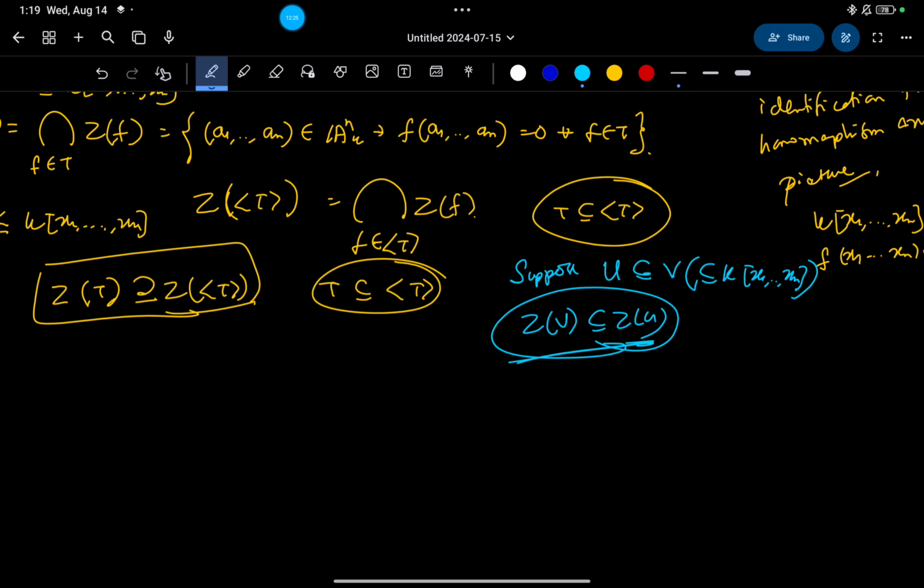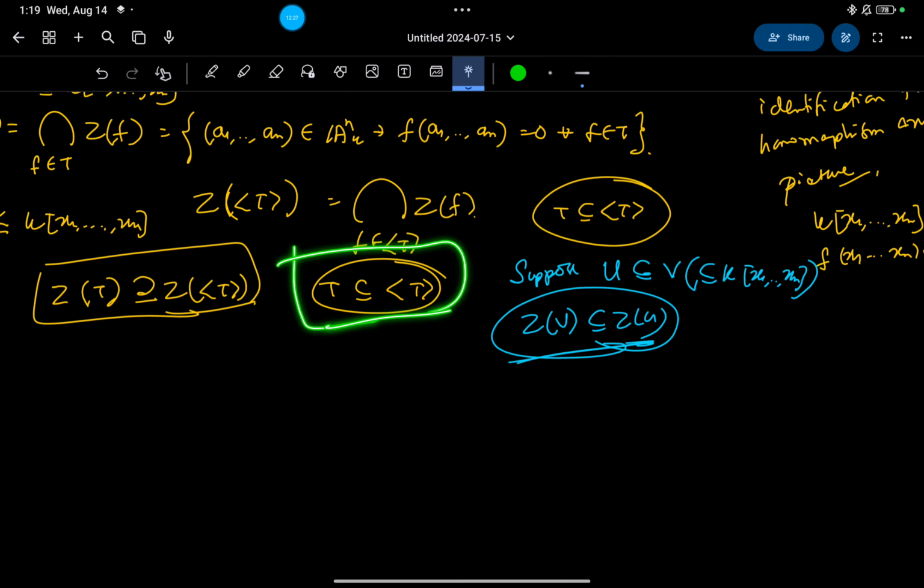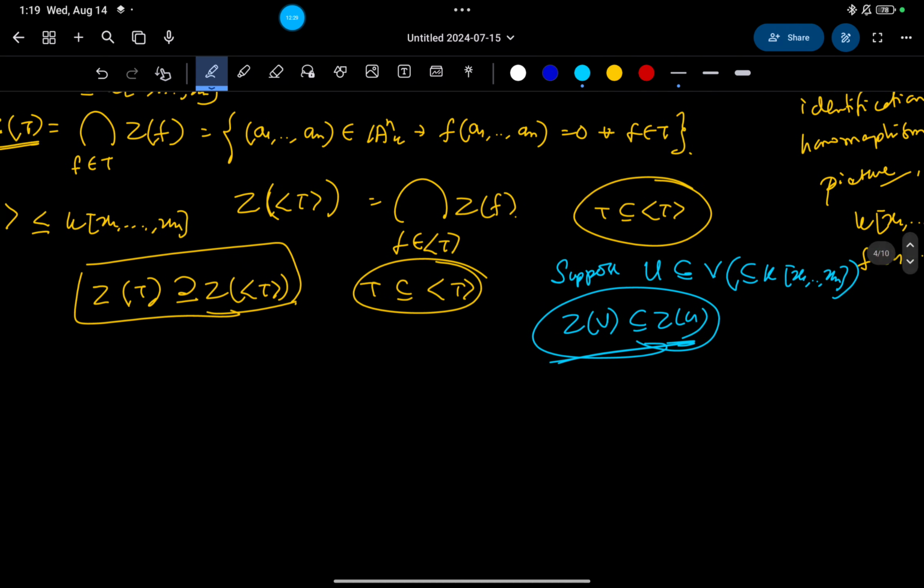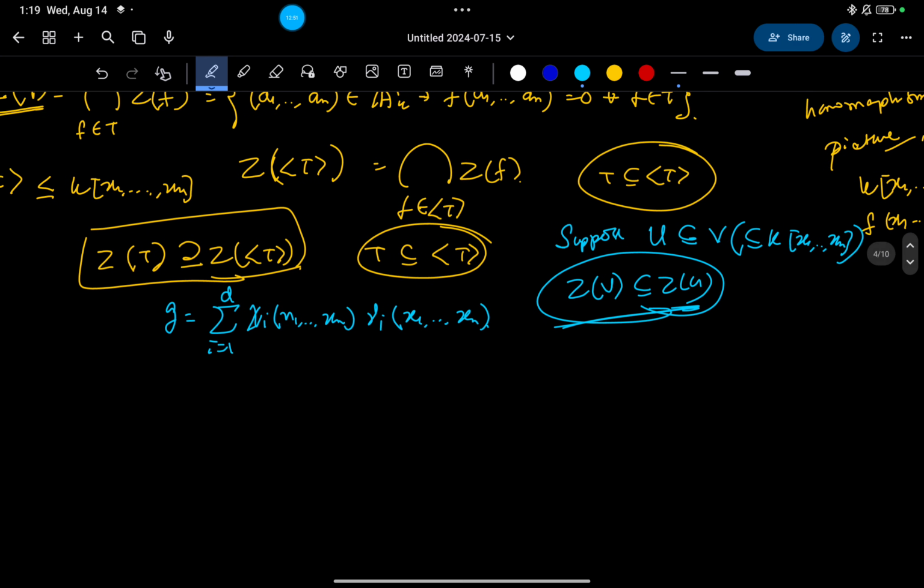But in our case here, the other inclusion will also be fine, because any element of the ideal generated by T, let's say small g, can be written as the sum over i equals 1 to, let's say, d of chi_i(x1, ..., xn) times gamma_i(x1, ..., xn).